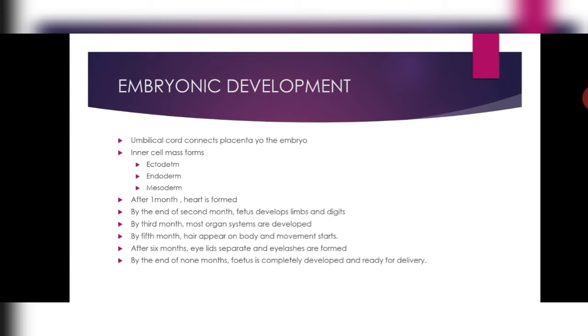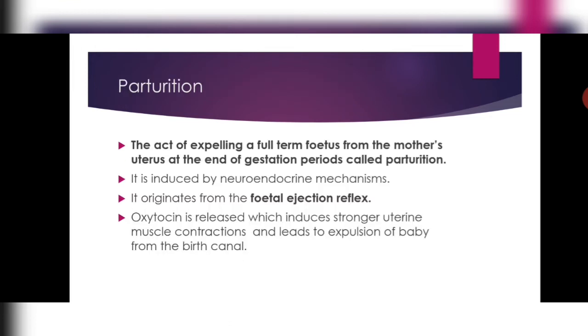By 5th month, the hair appear on the entire body and small movements of the fetus will start inside the womb of the mother. After 6 months, the eyelids will separate and proper eyelashes will be formed. By the end of 9 months, fetus is completely developed and it is ready for delivery, which is known as, yes, parturition.